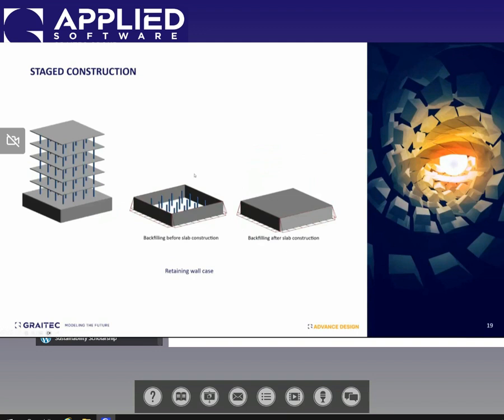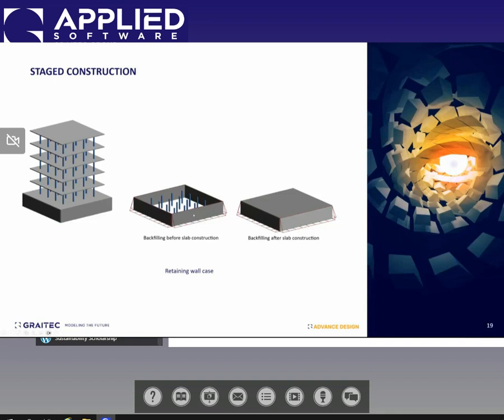Another example here is a backfilling example. It can also be a subject of stage construction. As you see here, based on your project, you may be applying your lateral pressure of soil on the walls before putting the slab or after putting the slab. In this case, again, the behavior that you will have in the walls and the internal forces in members, etc., will be different.